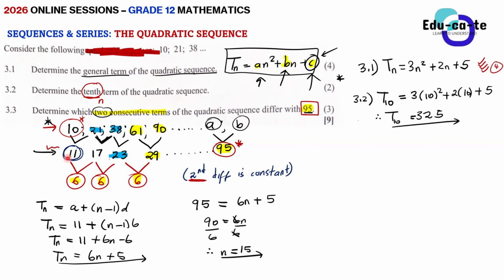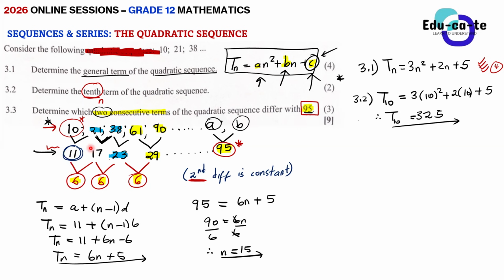Yes, sir. If you look at term 3 minus term 2, that is 38 minus 21, you get 17. So the difference between term 3 and term 2 gives you term 2 of the first difference.